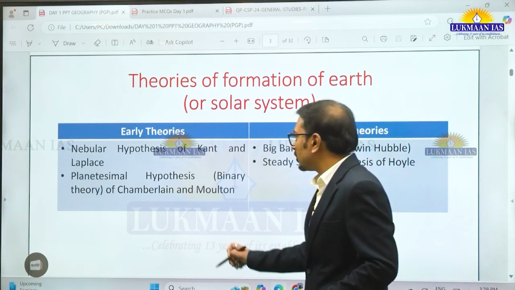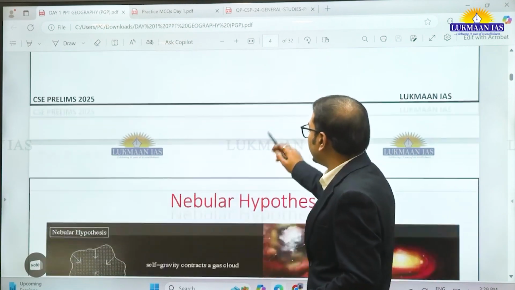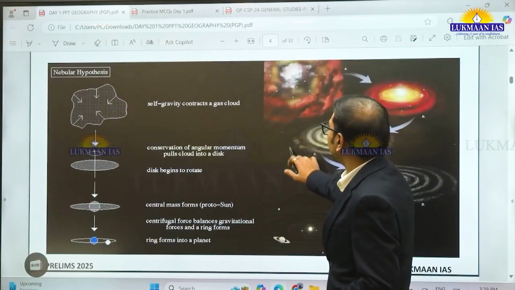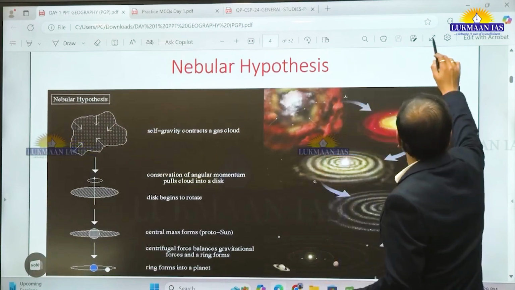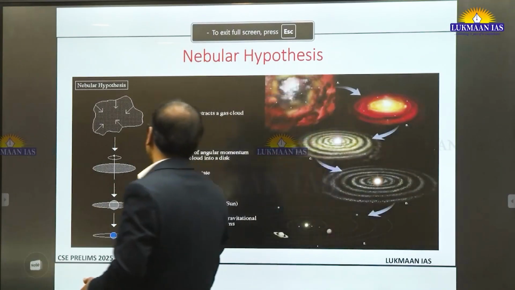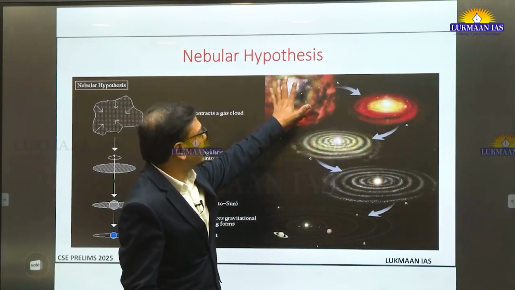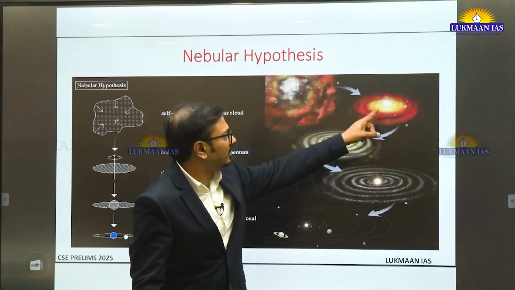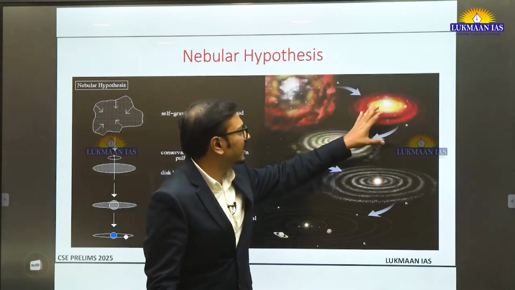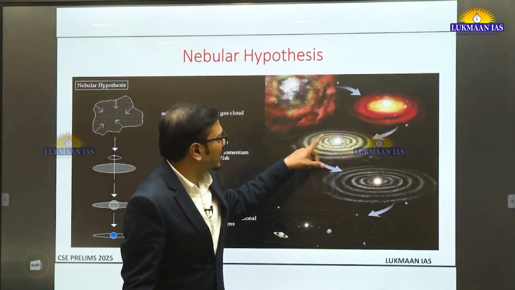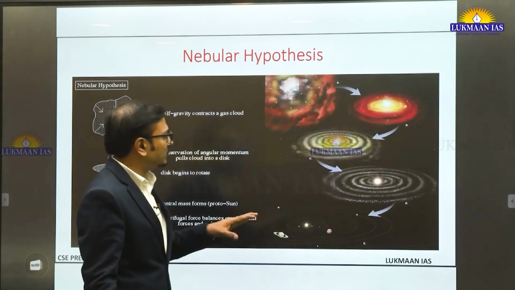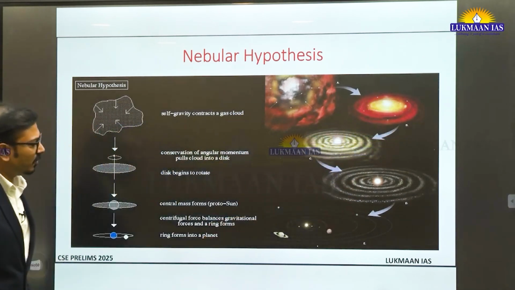Thereafter the second concept talks about the planetesimal hypothesis. This, see, is basically the nebular hypothesis. It says like this: a clouded nebula, thereafter at the center there was larger energy. Now the rings are formed around it, and thereafter from those rings the present day planets are formed.